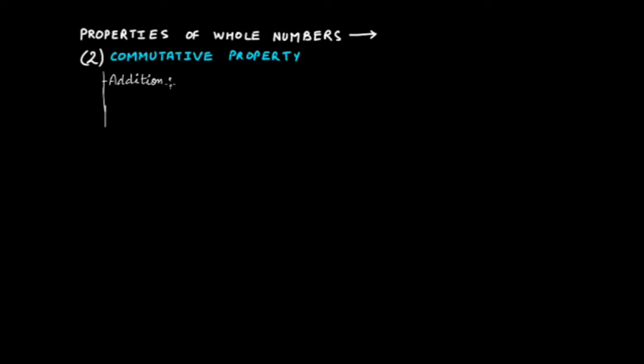In the case of addition, what commutative property means is, suppose you have two numbers A and B. If A plus B, can you write it as B plus A? Would these two be equal? That is what the commutative property is.